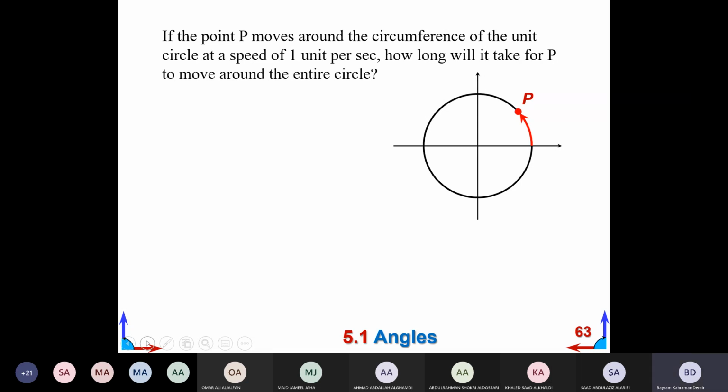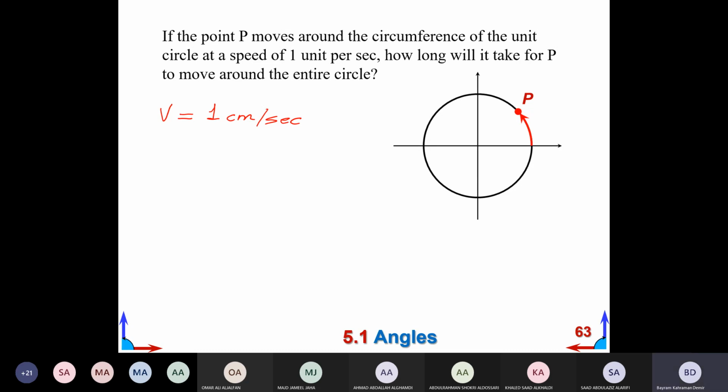This is a linear speed now. 1 unit, for example 1 centimeter, whatever. 1 centimeter per second. It goes 1 centimeter in 1 second.